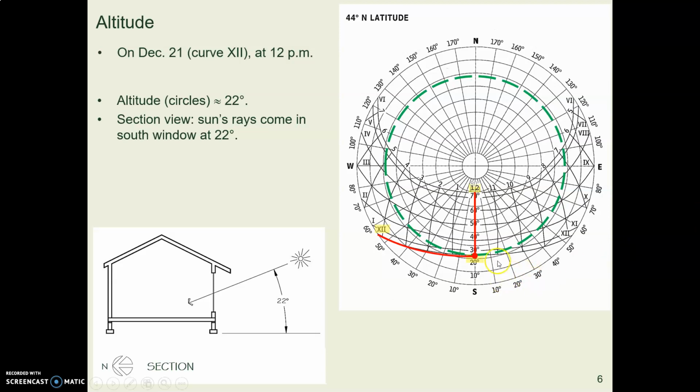You might think it's a little bit different, but that's what I'm going to call it. So I'm going to say, all right, that circle is lying at about 22 degrees. That's the altitude of the sun in December at 12 noon. So that's the angle that the sun will be coming in through our windows.